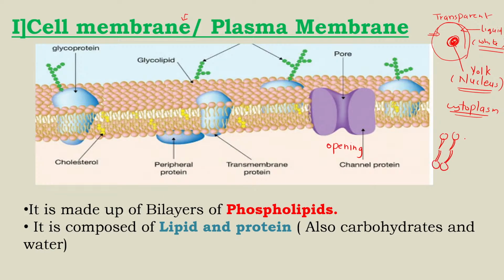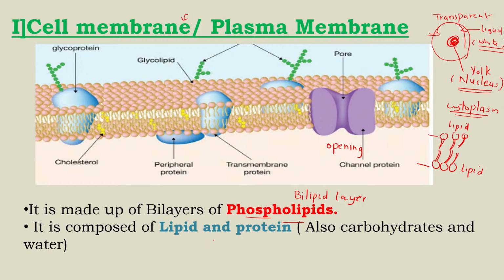The head regions are arranged outside, the tail regions are arranged inside, and this way it forms two layers of lipids. Lipid one layer, lipid two layer. Therefore, phospholipid layer, bilipid layer. So the cell membrane is actually made up of lipid bilayers, or two layers of phospholipids.